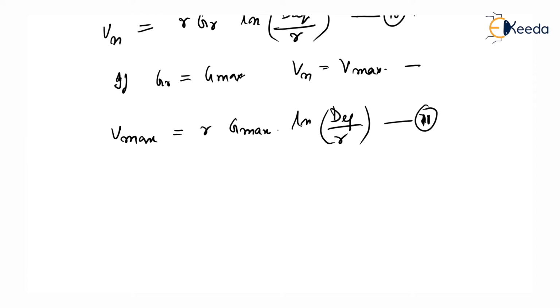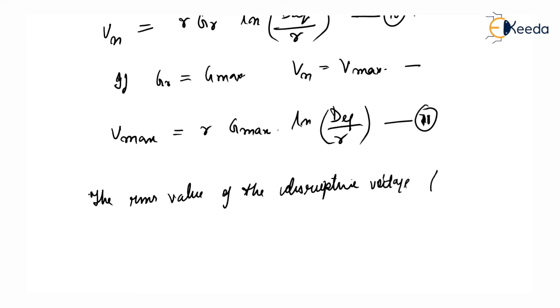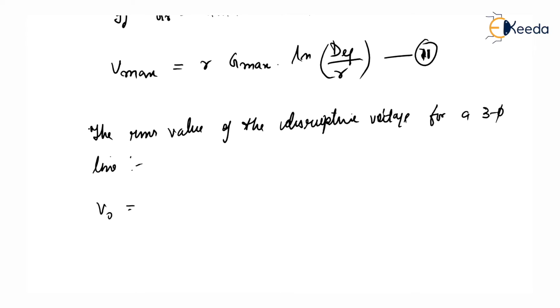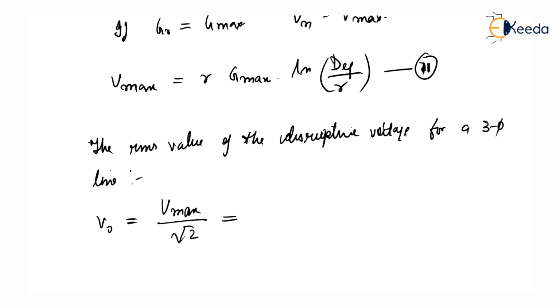Now the RMS value of the critical disruptive voltage for a 3-phase line is given by V naught equals V max by root 2, or this equals, we know G max is equals to 3 into 10 to the power 6.